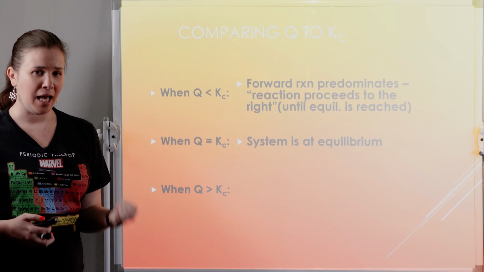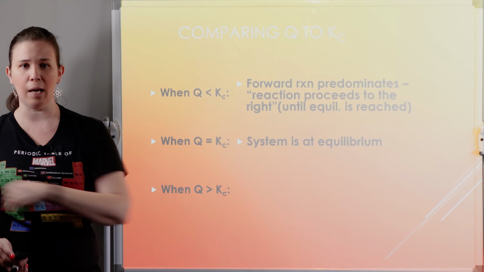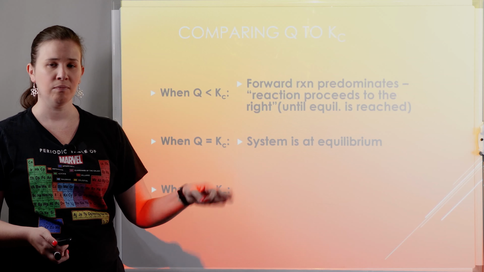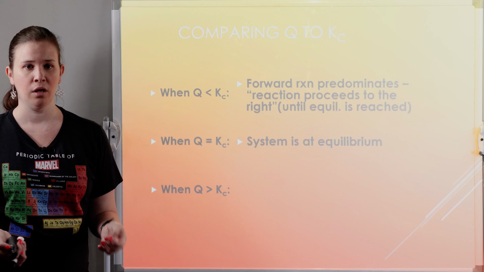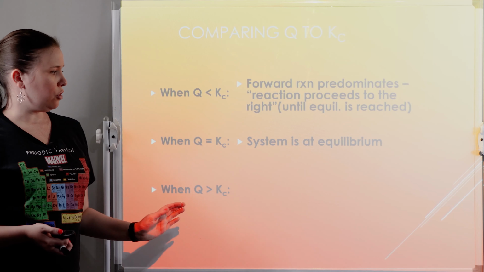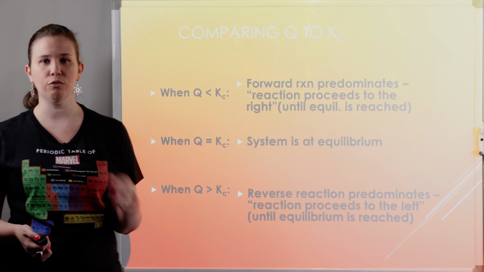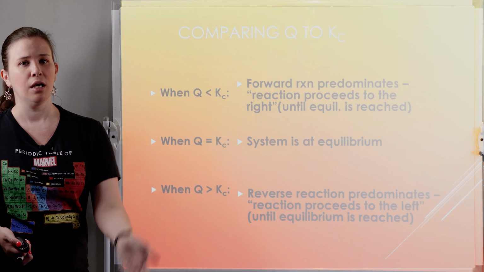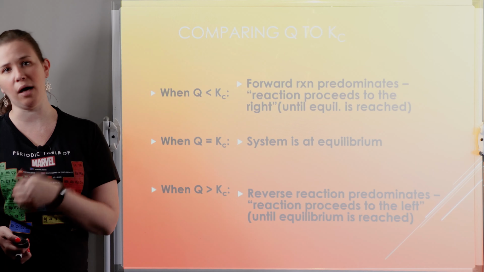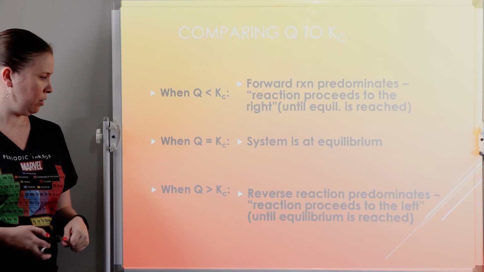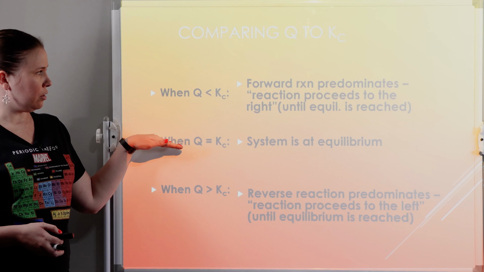If you calculate Q and it happens to be the exact same thing as K, that's a verification that you actually are at equilibrium. But if you calculate Q and it's higher than K, you've overshot your equilibrium and you need to have more of a reverse reaction. You need to go backwards and favor the reactants more. So it's all about comparing Q to K.